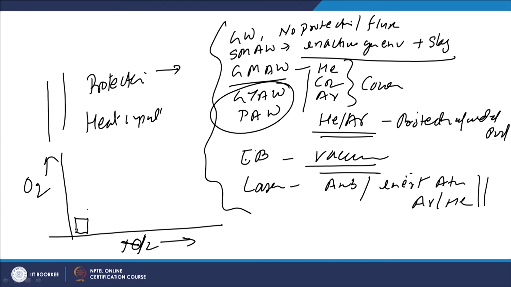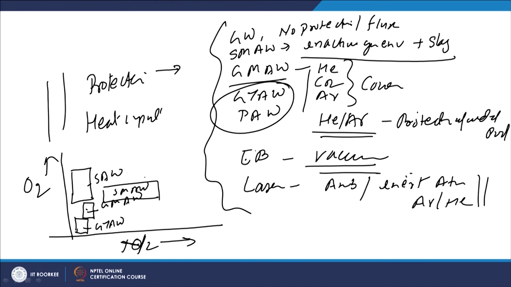Then we have the gas metal arc welding. So, GTA welding process, GMA welding process, and then we have submerged arc welding process, SAW, and shielded metal arc welding process is here, SMAW process.